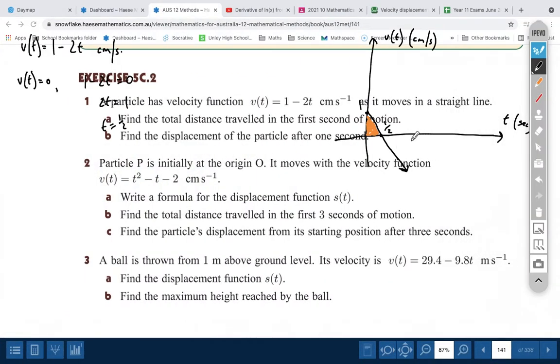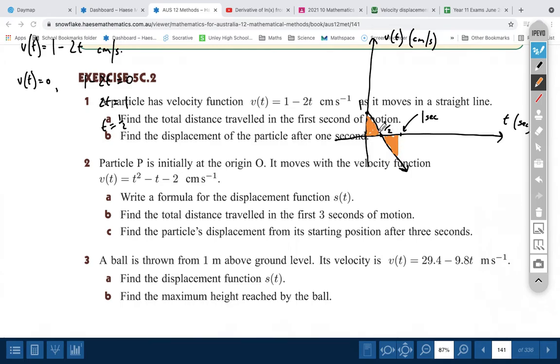So 1 second is about here, let's say. Area under the curve would be there and here, right? Now, this is a straight line, and the x-intercept's exactly halfway between the 0 and the 1.